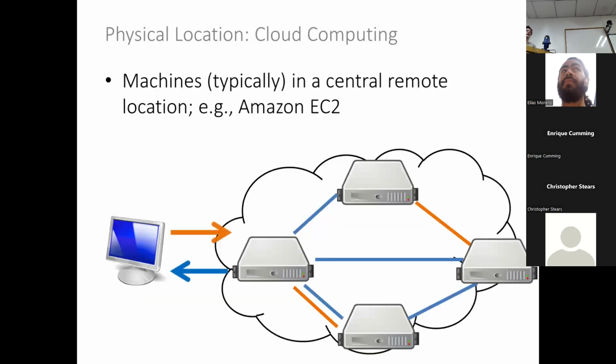If we take that same idea, but we put the clusters remotely, for example, they're owned by Amazon, or by Microsoft, or by Google, and they rent the use of those machines to you, that's the idea of cloud computing.